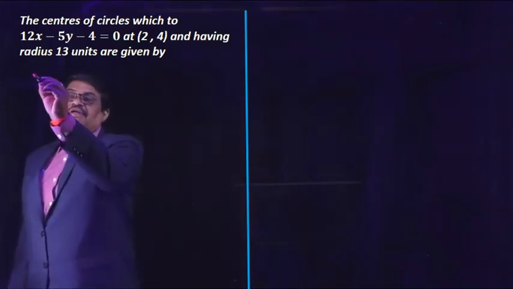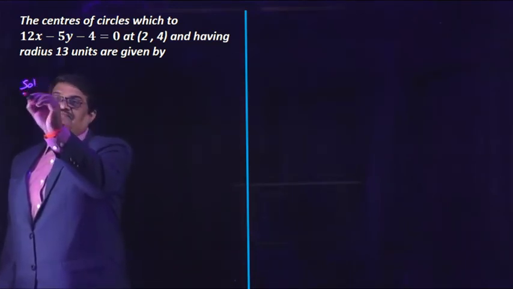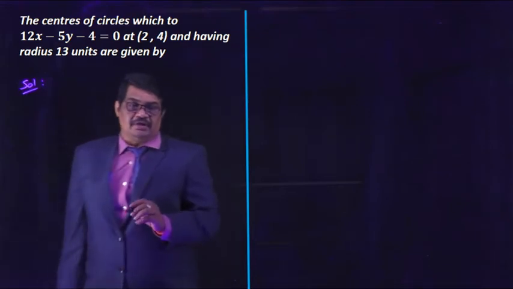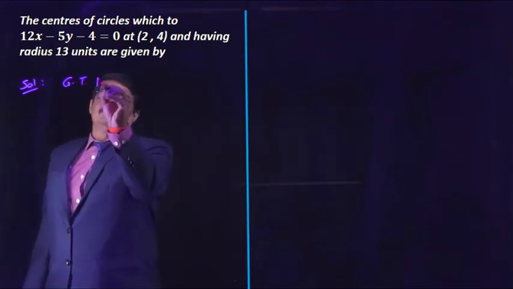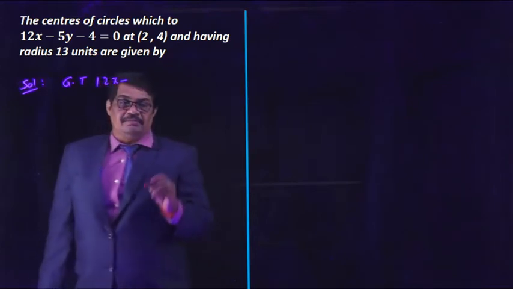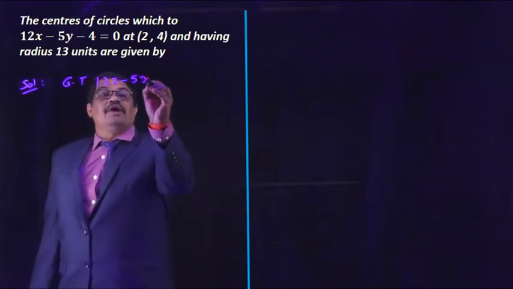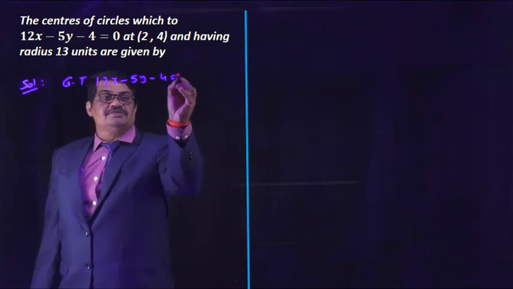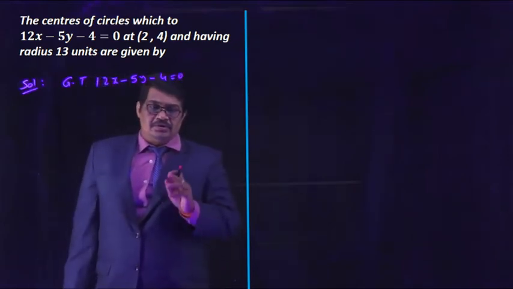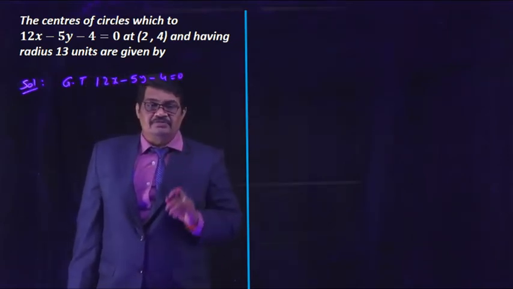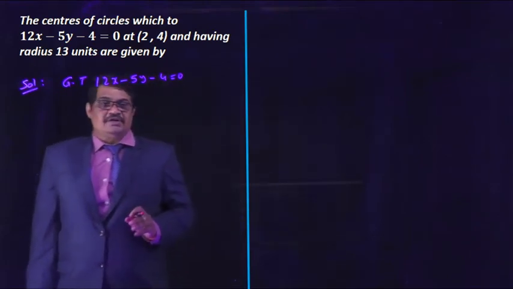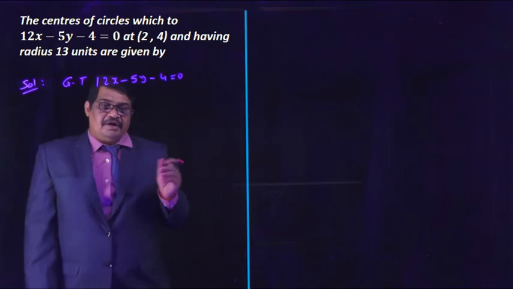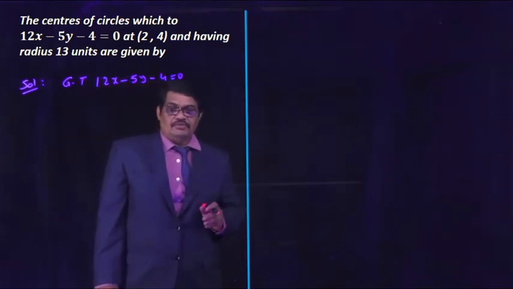The given line is 12x minus 5y minus 4 is equal to 0. So the circles touch this line at the point 2 comma 4.